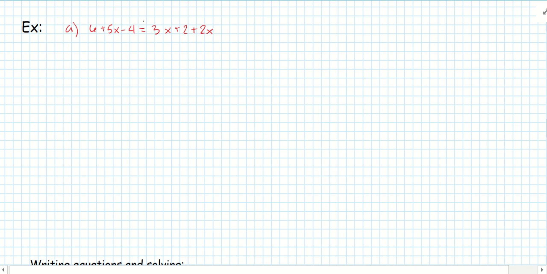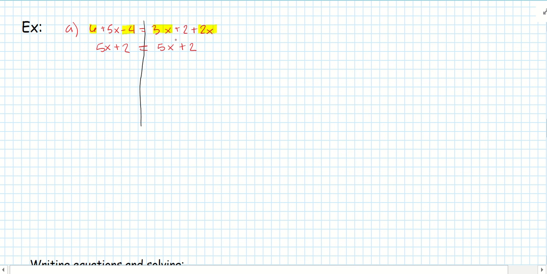So now what I want to do, I draw my line, and I want to simplify, right? So I can see that 6 and negative 4 are like terms on the left side, which is going to give me 5x plus 2. The 6 take away 4, it's 2. And then on the right side, I have 3x and 2x that can be combined. So that will be 5x plus 2.